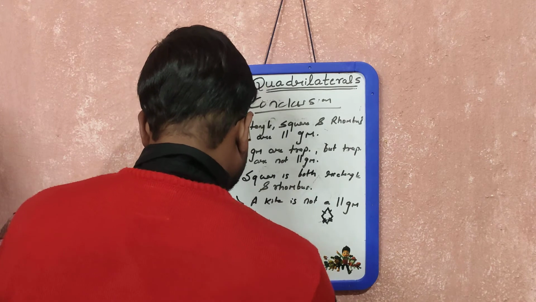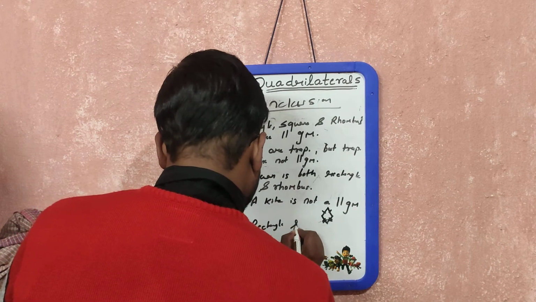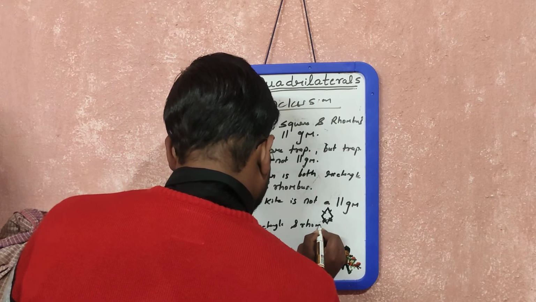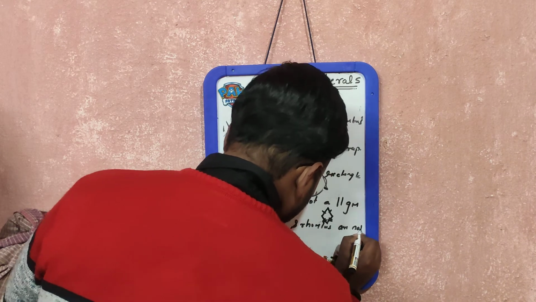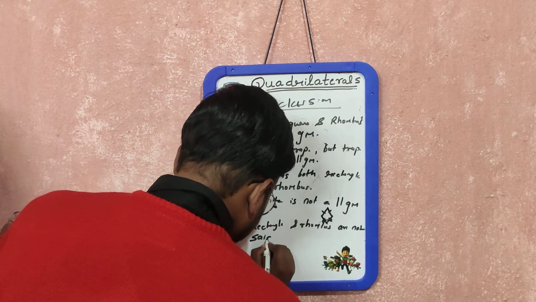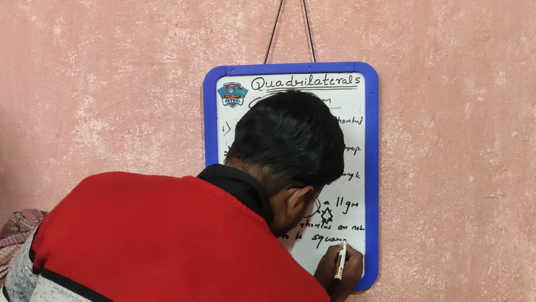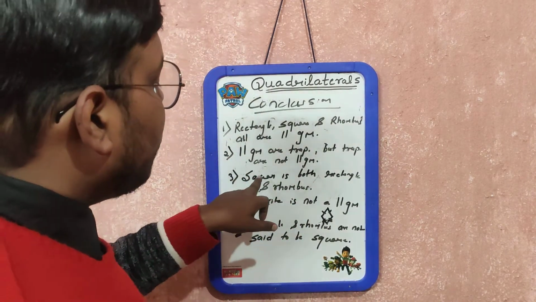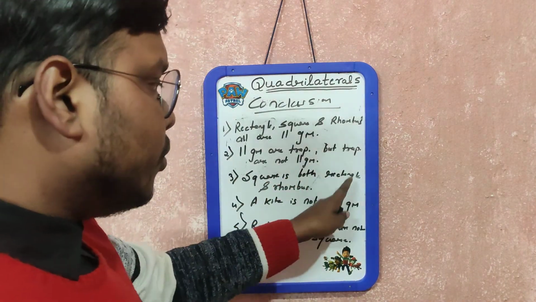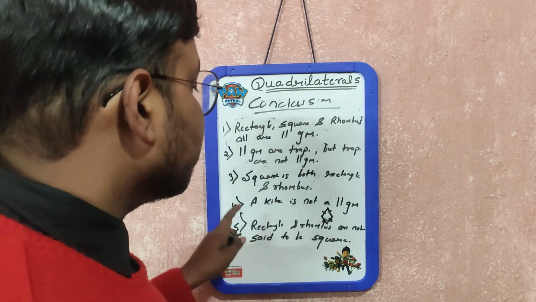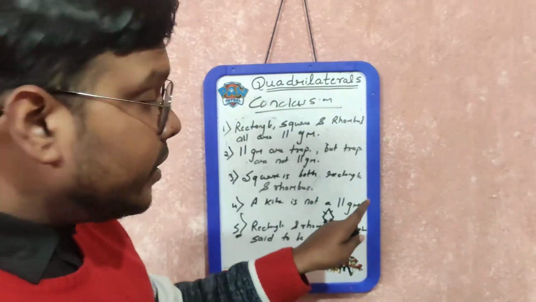And the last conclusion is that rectangle and rhombus are not said to be square. That means all squares are both rectangle as well as rhombus, but rectangle and rhombus are not necessarily square.